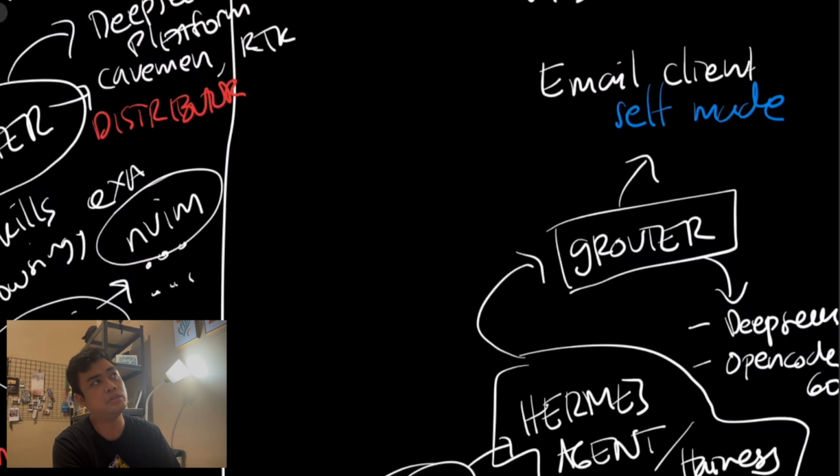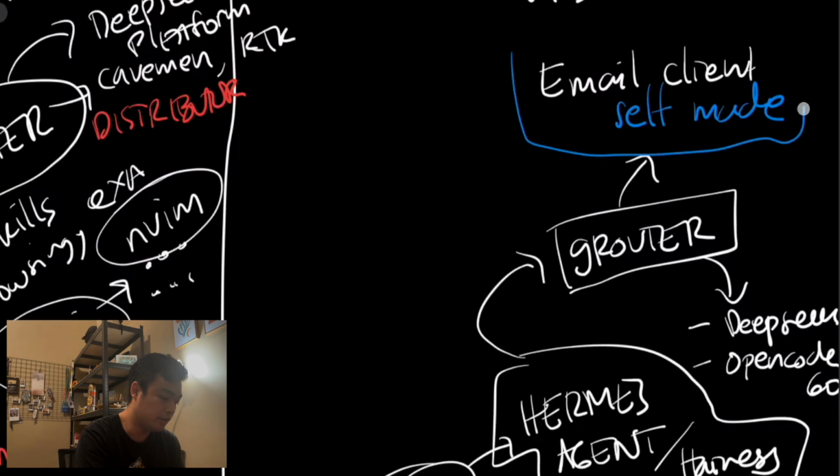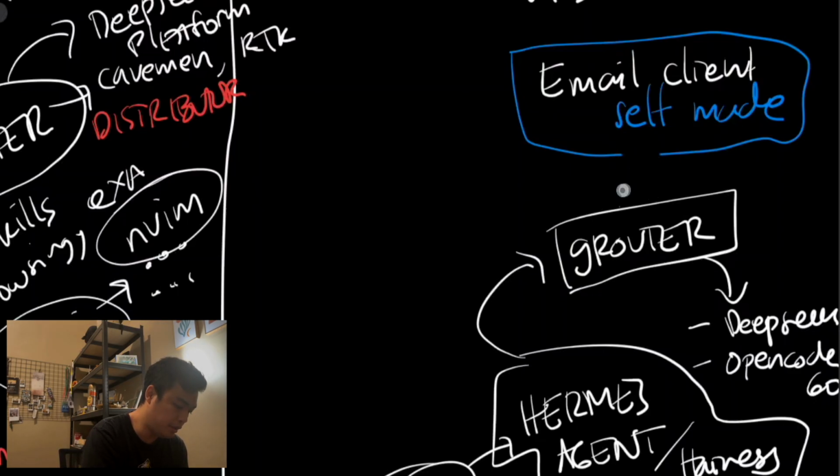So I log into that email client, and that email client will pass the email to the 9router. That's the thing. And also I connect this 9router from, sorry, I think I made a mistake. It should be here.